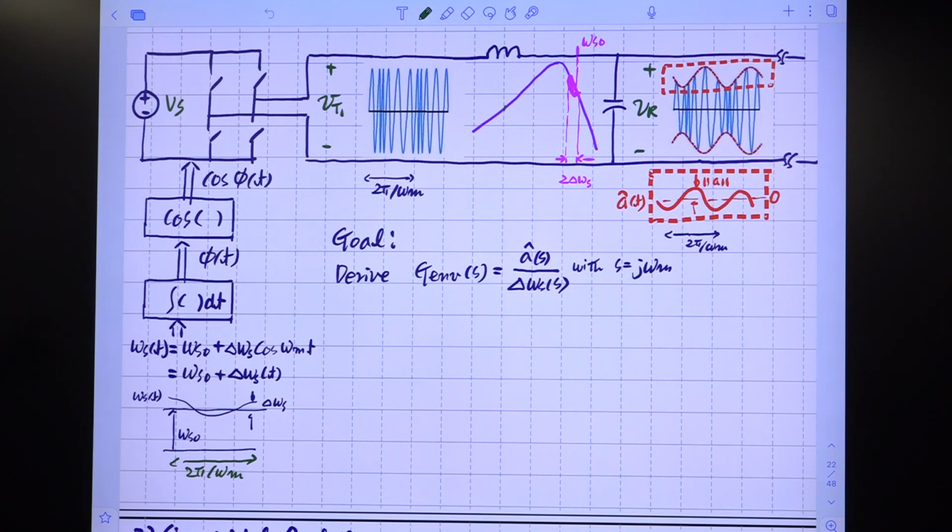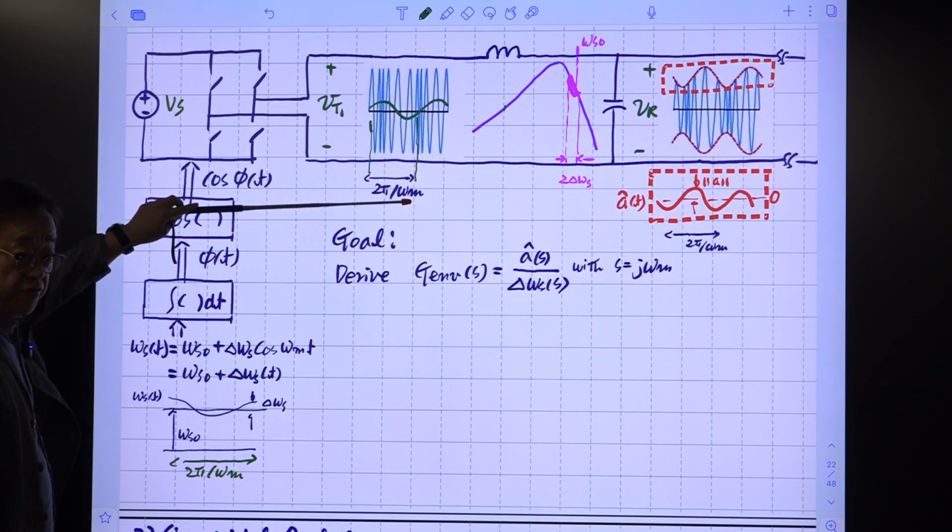So this is a sinusoidal waveform, but its frequency is modulated in a sinusoidal manner again. So here the frequency will be high, and the frequency here will be small, something like this. And this is the modulation period, and this period is 2 pi divided by this modulation frequency.